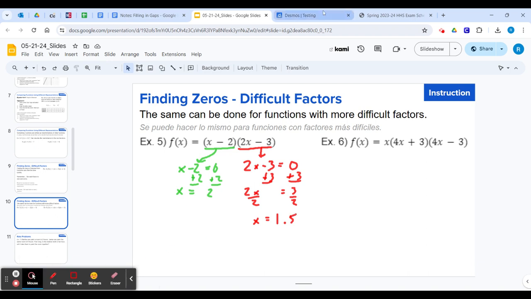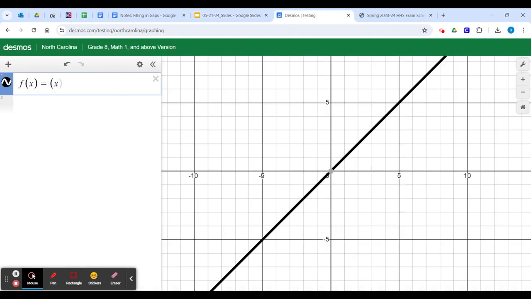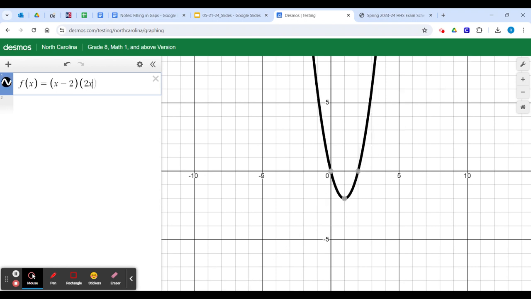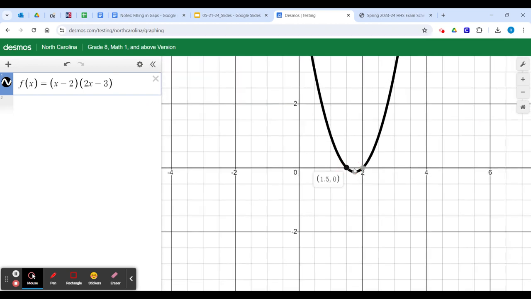Let's check that out, see if that lines up. So I'm going to type f of x equals x minus 2 times 2x minus 3. Let me double check I typed that in correctly. We can see, I got to zoom in a little bit, but we have a 0 at 1.5, and we have a 0 at 2.